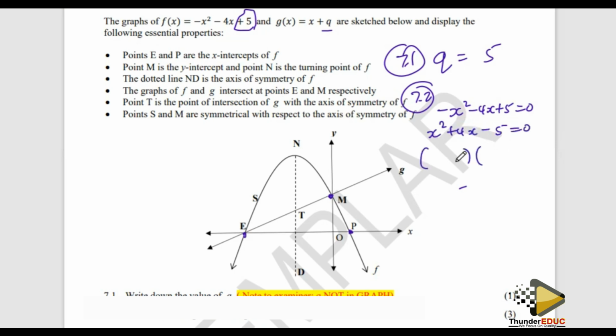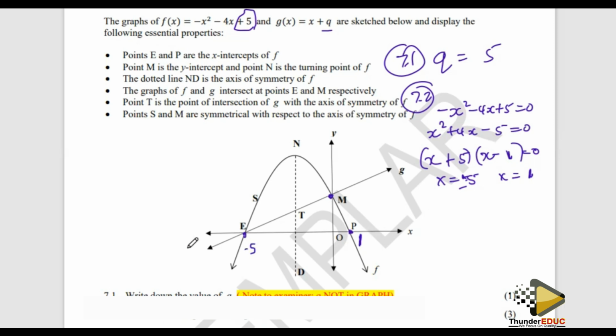I'll open my 2 brackets, x and x, 5 and 1, and this last term I'll say plus and a minus, which means x is negative 5, or x is 1. What this means is that this is the 1. The negative 5 is by P. Okay.